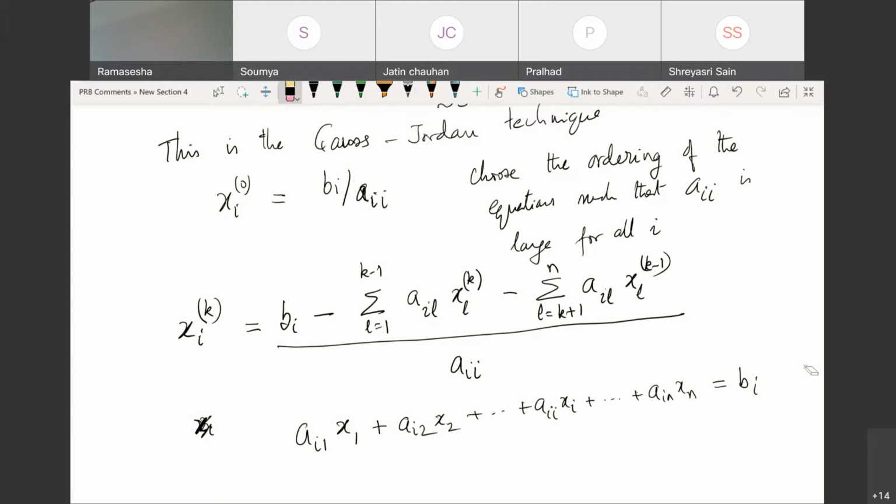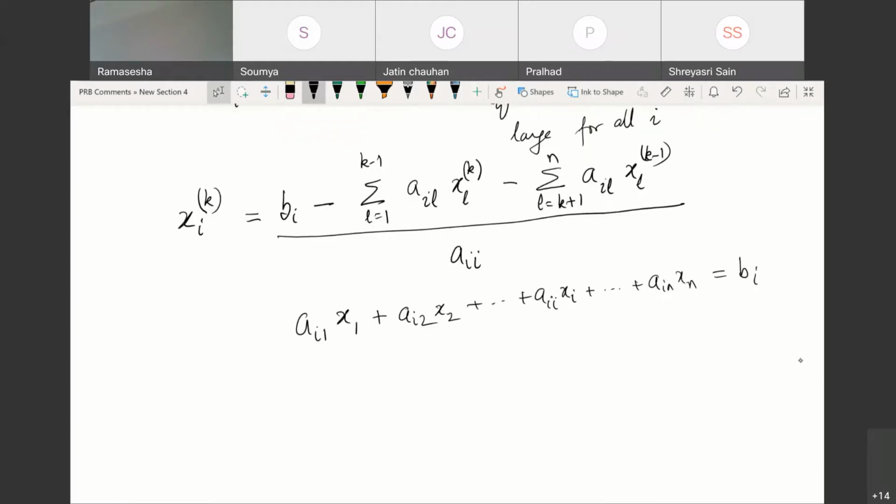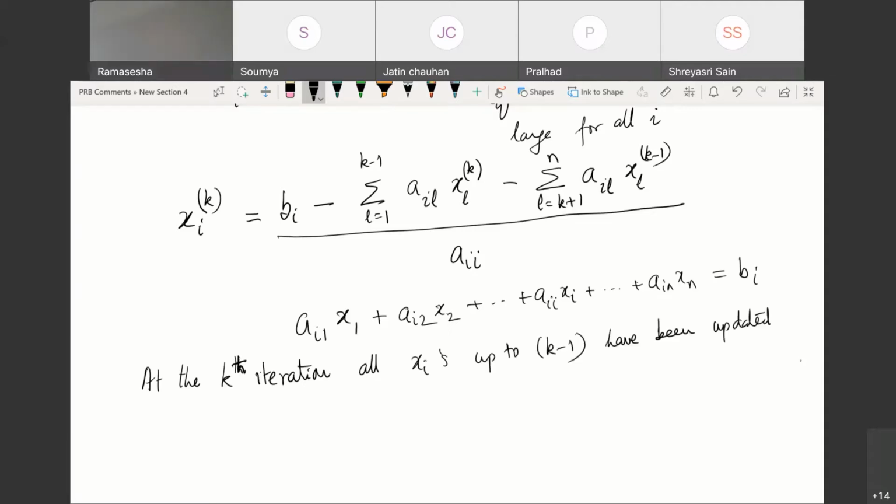Given that ith equation, if I am at the kth iteration, what I know is that all xi's up to i minus 1 have been updated, because you have already solved for all these up to i minus 1.